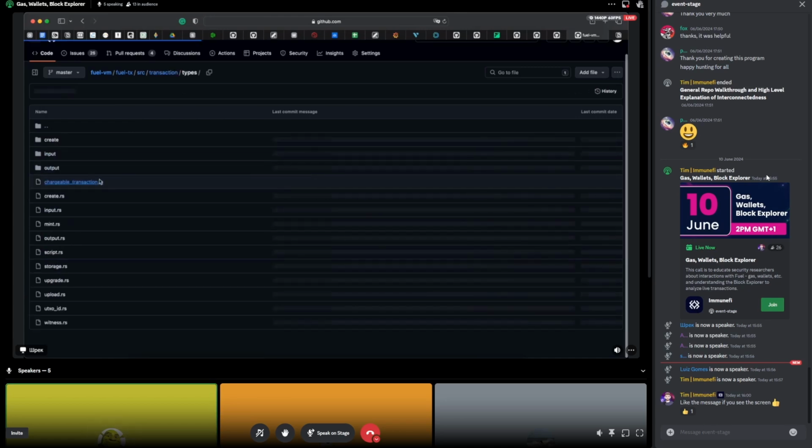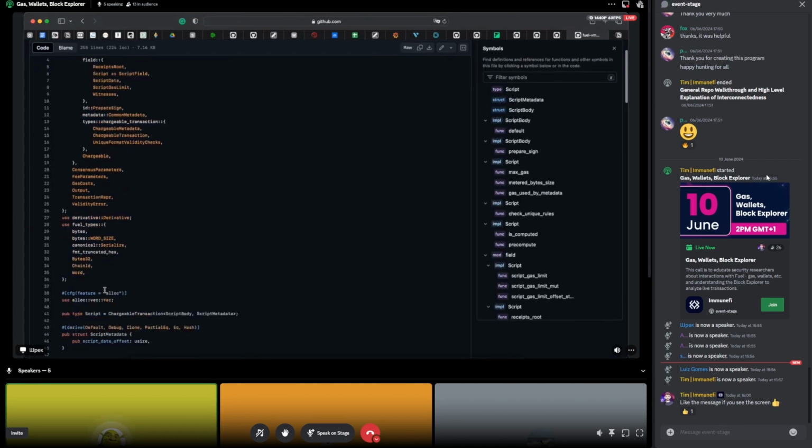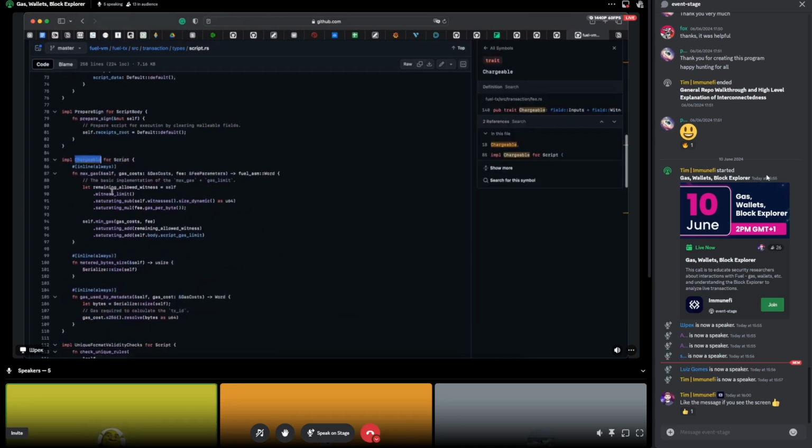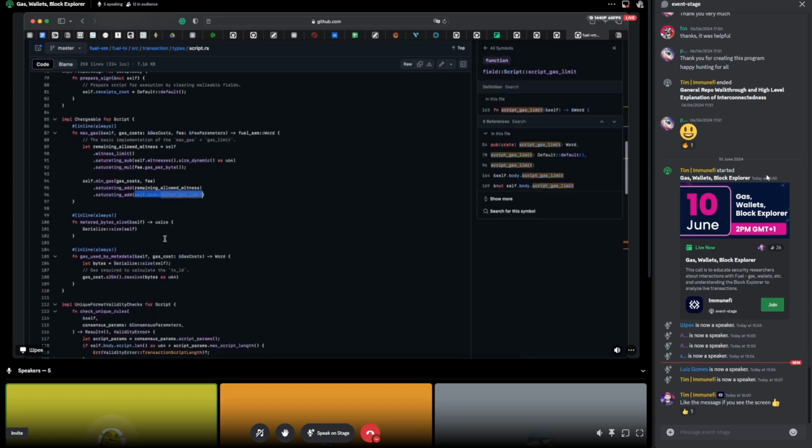So if we go to script transaction, here you can see that script implements the Chargeable trait, and here we overrode the max gas fee function, and you can see that it also includes the script gas limit. Max gas describes how much gas your transaction will consume in the worst possible case, when it uses all of the script gas limit and all of the witness limit.